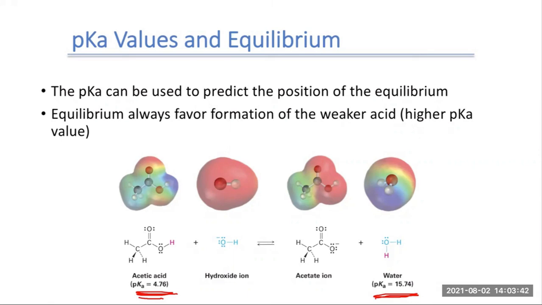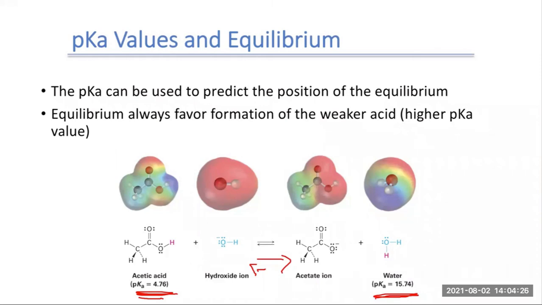So when we're thinking about the position of the equilibrium, it's going to favor the formation of that weaker acid. The equilibrium is going to fall towards the products and favor the products. Just a little bit goes back towards the reactants. If we know our pKa values and look at our pKa tables, we can determine the position of the equilibrium for our reactions.